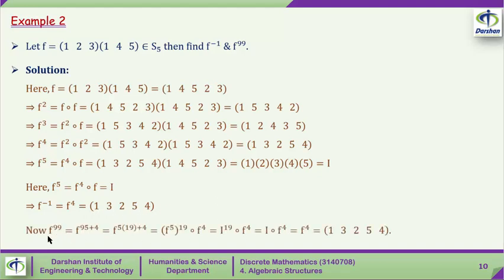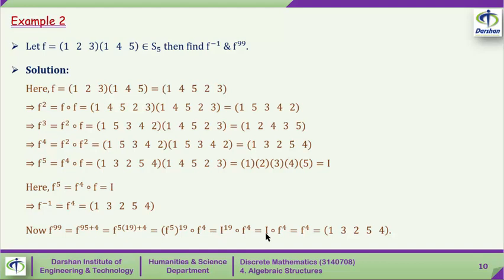Now f raised to 99, which is the same as f raised to 95 plus 4, which is the same as f raised to 5 into 19 plus 4, which is the same as f raised to 5 raised to 19 of f raised to 4. Now we know that f raised to 5 is the identity element. So here f raised to 5 is I. So I raised to 19 is the identity element.